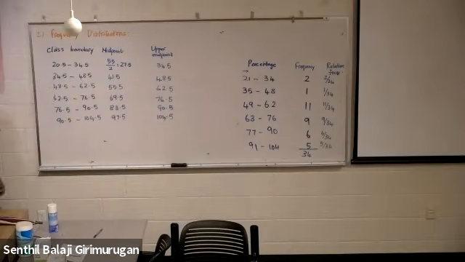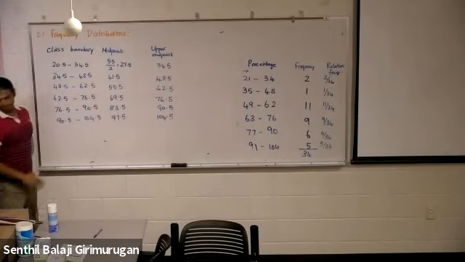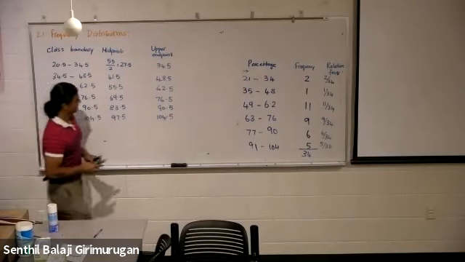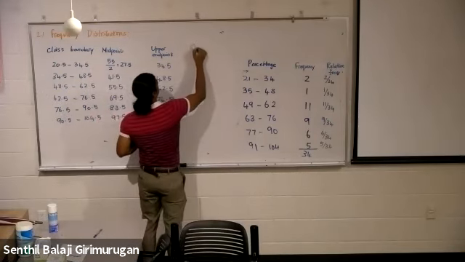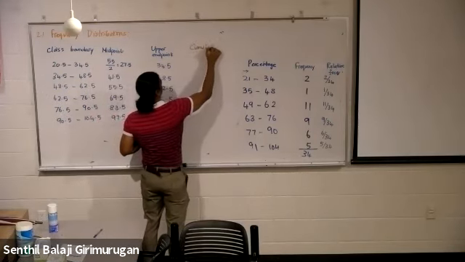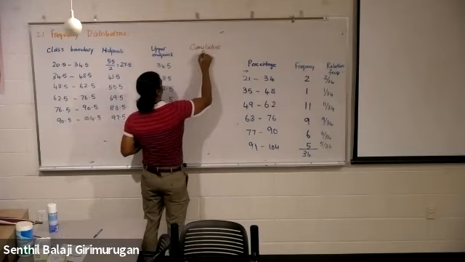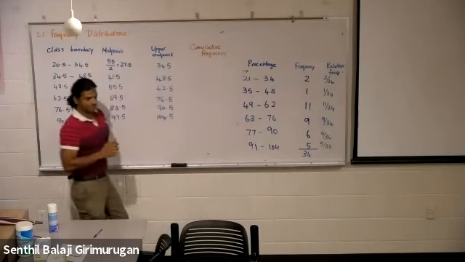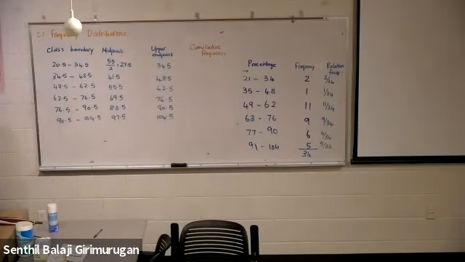Now, we don't need the relative frequency because we did that, we plotted it against the midpoint. What we want to do is compute something called a cumulative frequency. What does cumulative mean?